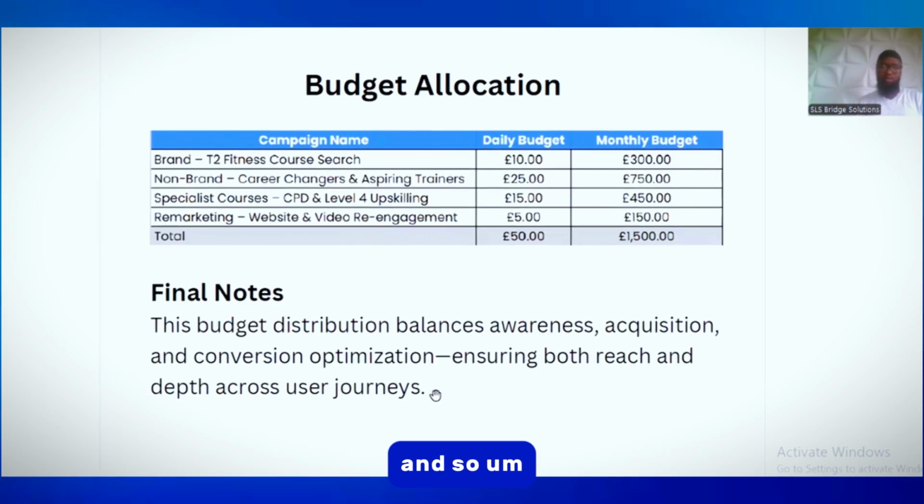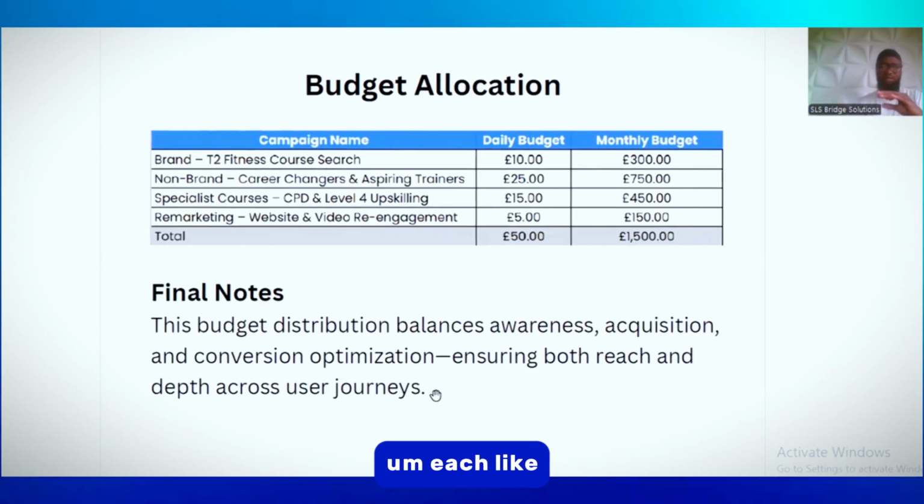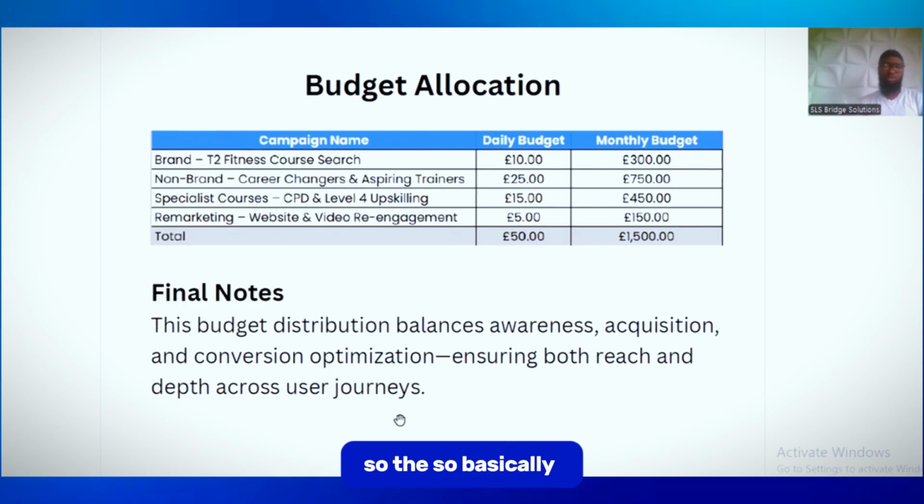This is how I intend to allocate the budget: £10 for the brand campaign, £25 for the non-brand campaign, £15 for specialist courses, and £5 for remarketing.